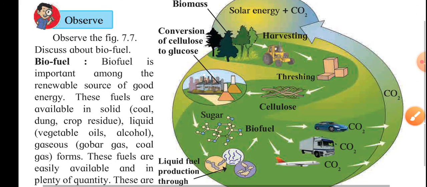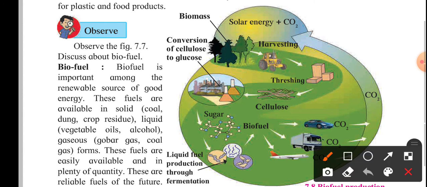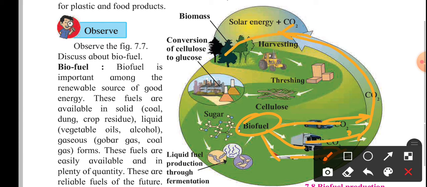Another example they have given here with a picture indicates that various kinds of biofuels are used. I'm starting with the biofuel itself, and then it is used in various transportation like vehicles and airplanes. These all emit carbon dioxide, and this carbon dioxide, in the presence of solar energy, goes and forms oxygen, along with the conversion of cellulose to glucose, and from there sugar is produced.